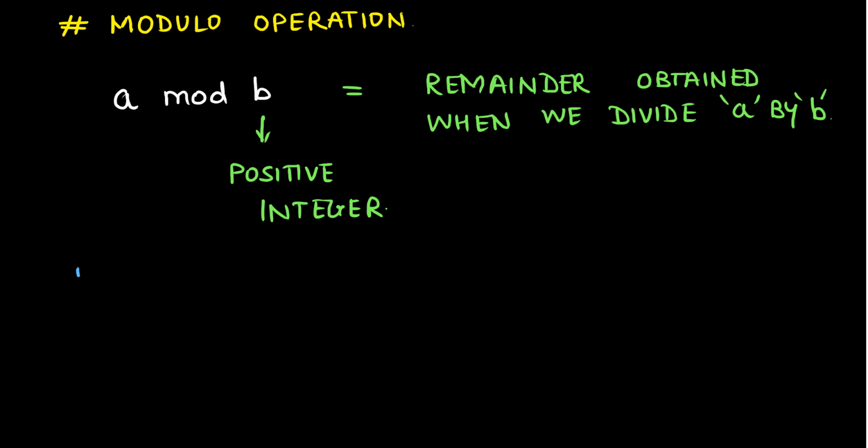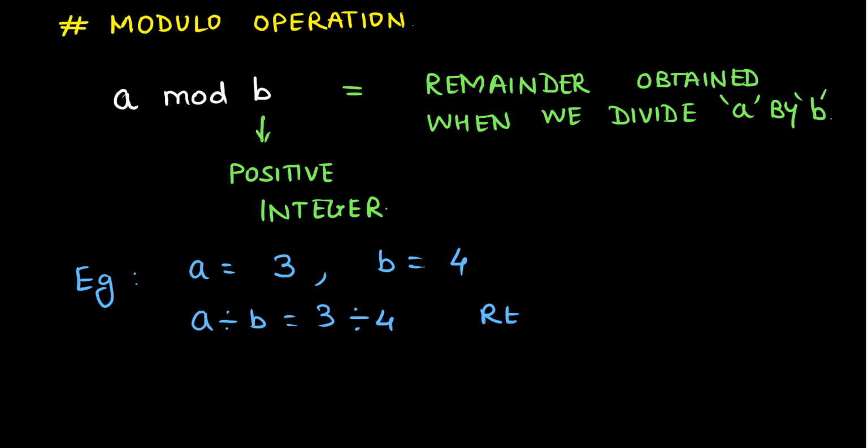For example, if we have the value of a as 3 and b as 4, and we divide a by b, that is 3 divided by 4, then we are going to get the remainder, or the value of 3 mod 4, as 3.